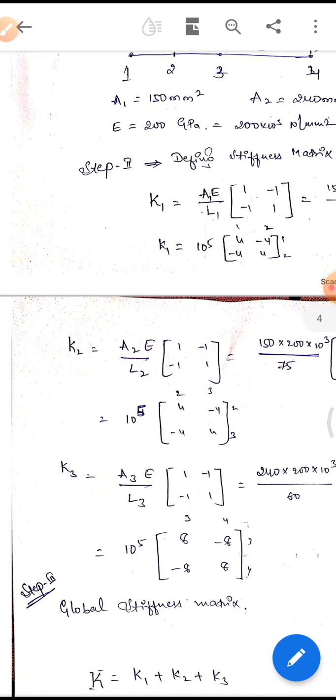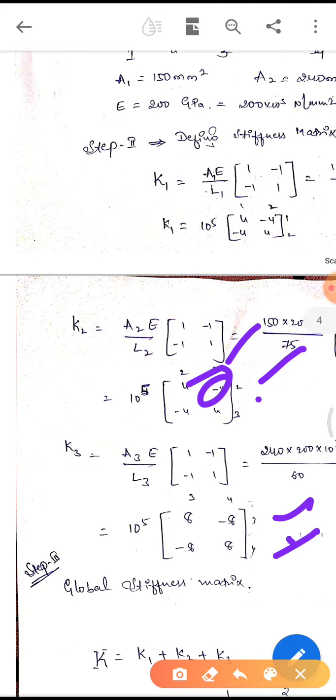Here in this we don't have the second row, we have third and fourth, so here it is 0. Only here we have second row, third column, minus 4. That's what we have written here, second row, third column, which is nothing but minus 4. I hope it is clear.